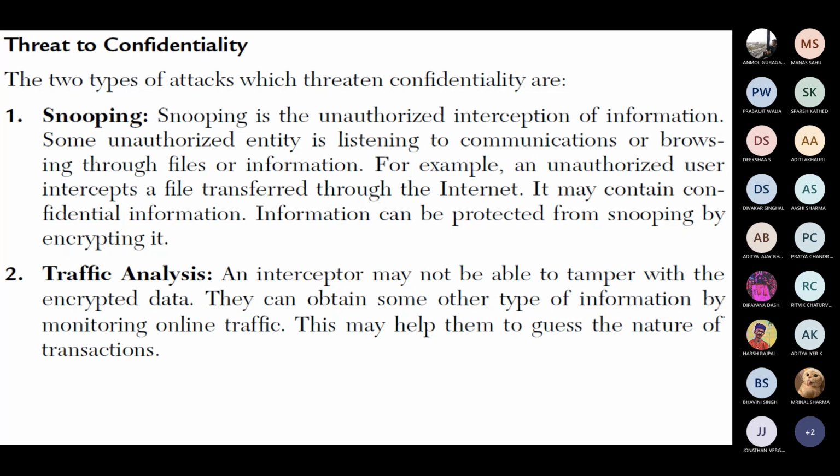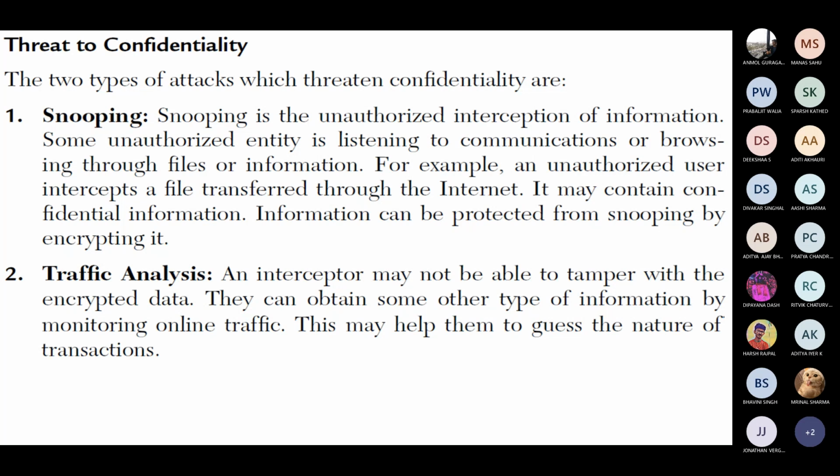Some unauthorized entity is listening to the communications or browsing through files or information. So here it will gather the information without authorization. For example, an unauthorized user intercepts a file transferred through the internet. If there is any unauthorized user accessing the file which is transferred through the internet, then such a type of attack is called a snooping attack. So that may be a threat to confidentiality.